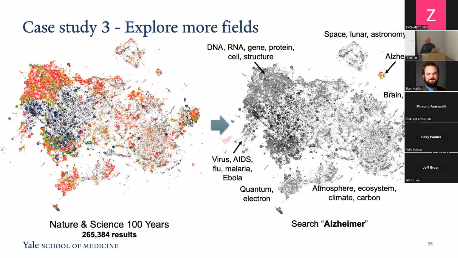Then you can just search it afterwards. But if you have new papers coming, you either have to redo it, or we have ways to update on the fly, but that loses some accuracy of the embedding. Like Juan said, right now we can put 36 million papers all in one map.